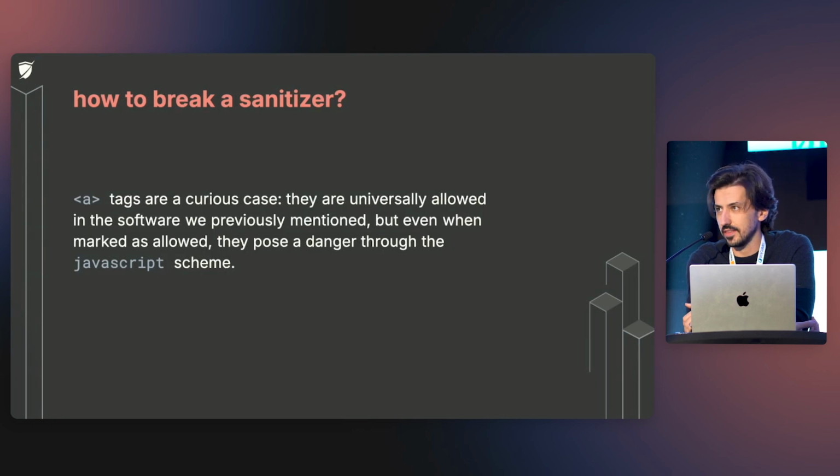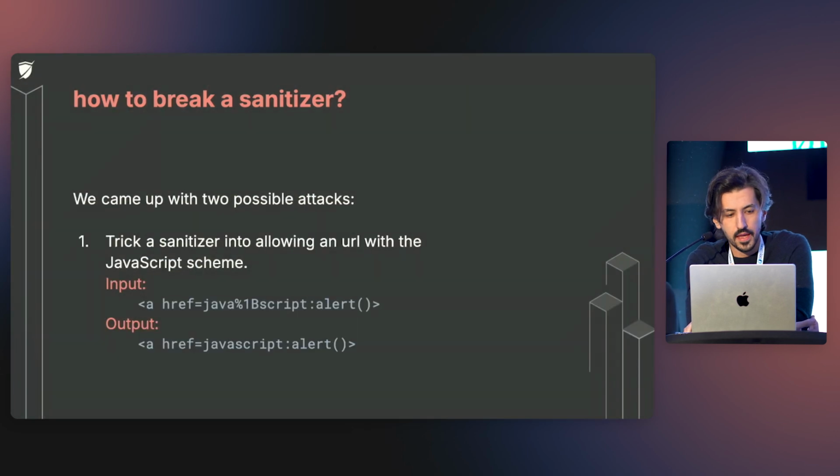We looked at A tags for this research because they are a curious edge case. They are universally allowed in the software that we previously mentioned, but even when they are allowed, they pose a danger because of the JavaScript scheme. And we came up with two possible attack scenarios. The first one was to trick the sanitizer into allowing a URL with a JavaScript scheme. This is an example of an actual vulnerability that we found.